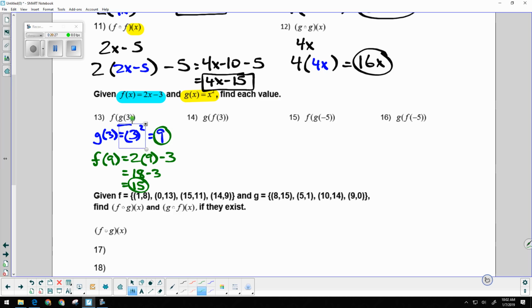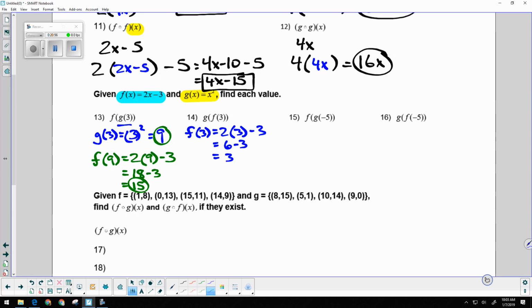Okay, take a look at 14. Now we have g of f of 3. This time, and order is important with compositions, we are going to start with plugging 3 into f of x. So f of 3 is equal to 2 times 3 minus 3, which is equal to 6 minus 3, which is 3.